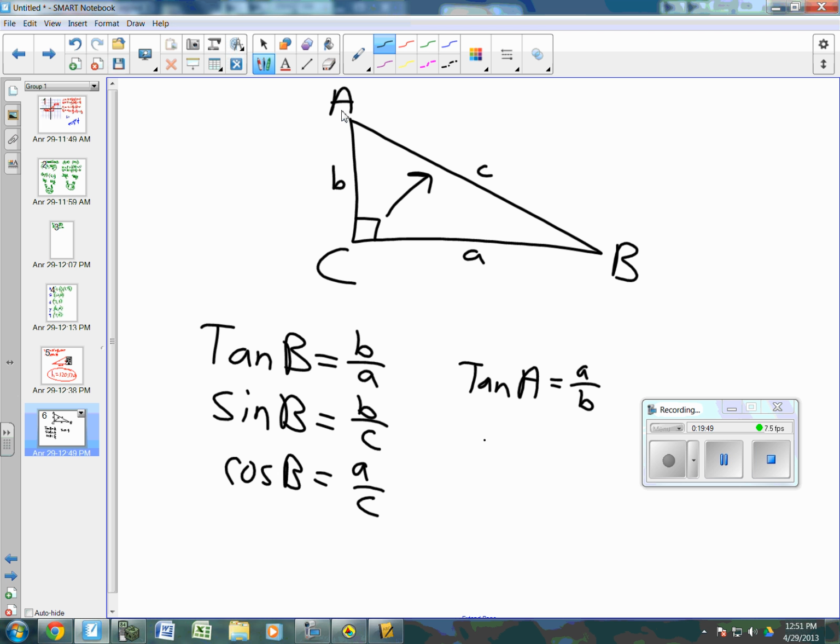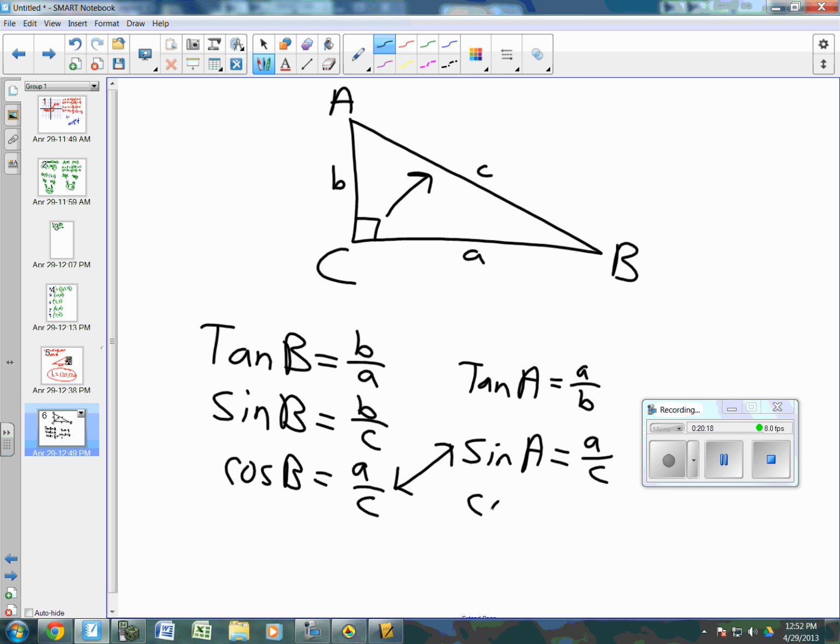Okay, go sine of A. What is the sine of A? Yeah. Opposite of A is a, and the hypotenuse is c. So a over c. Notice that the sine of A and the cosine of B are the same thing. You notice that? Okay. Last one.